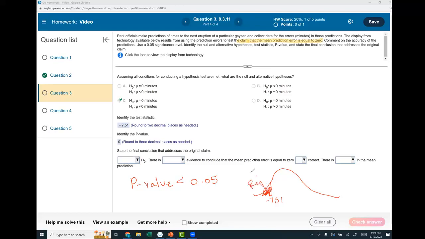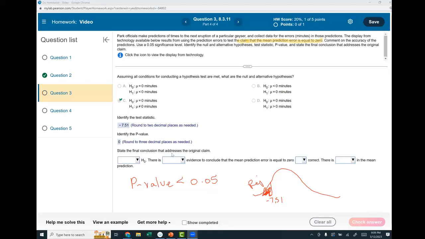If it's in the rejection area, then we can reject the null hypothesis. And if we reject H0 here, we say that no, it's not 0 minutes.